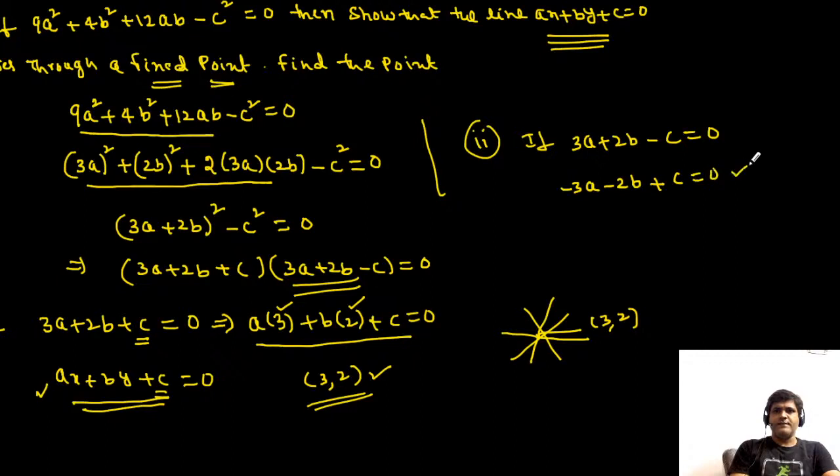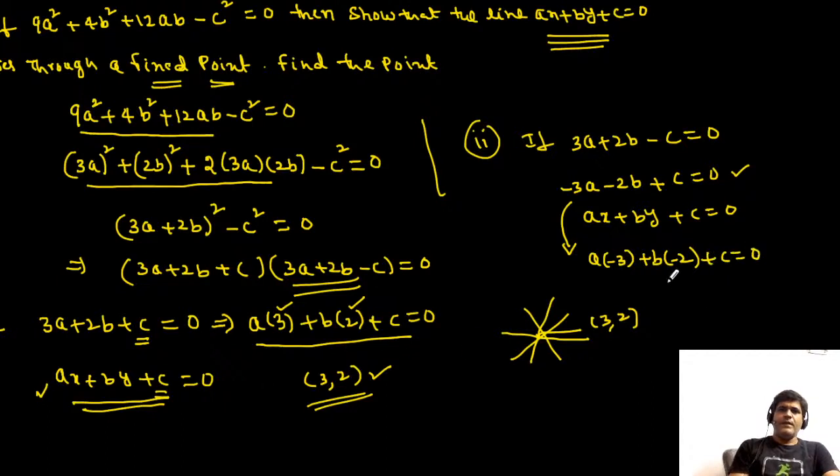This is the condition, but the family of lines is ax + by + c = 0. Now you can write this condition as a(−3) + b(−2) + c = 0.